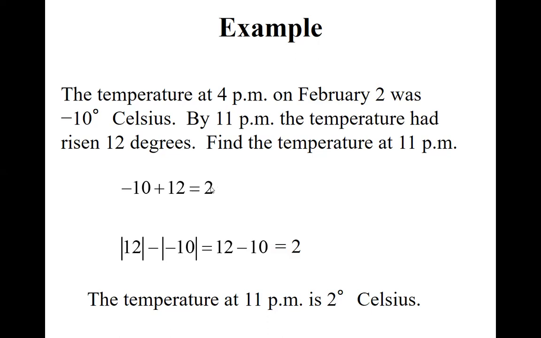So positive 12 minus 10 is 2. What this has written out down here is the same thing. We take the absolute values and we subtract them. And it stayed positive because the 12 was the bigger number and the 12 was originally positive.